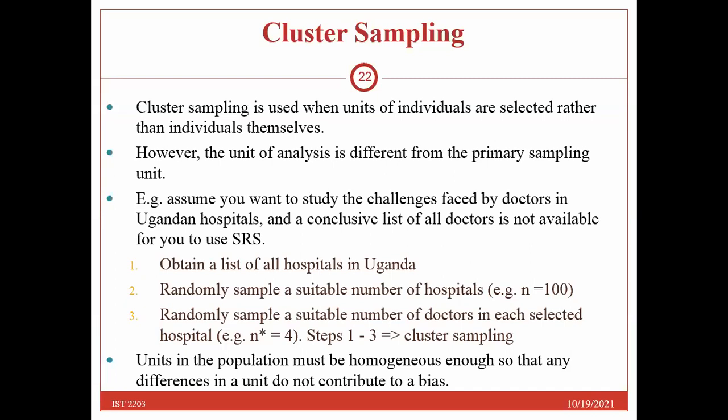So still your unit of analysis is an individual, but when you're doing sampling, you first sample clusters. That's what this sentence is trying to say here. But the unit of analysis is different from the primary sampling unit. Your primary sampling unit is the cluster. Your unit of analysis is still the individual.